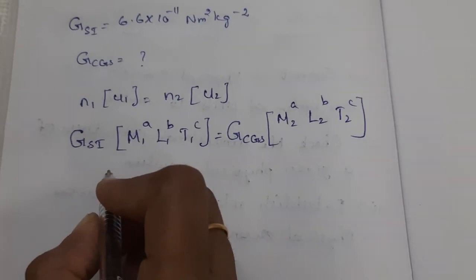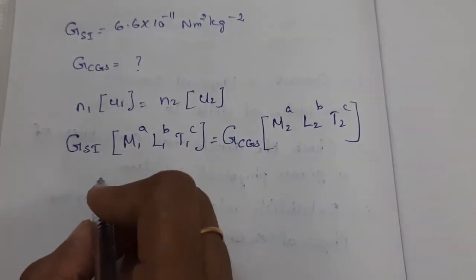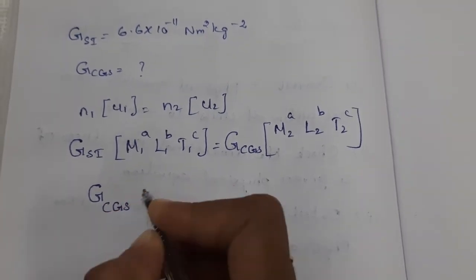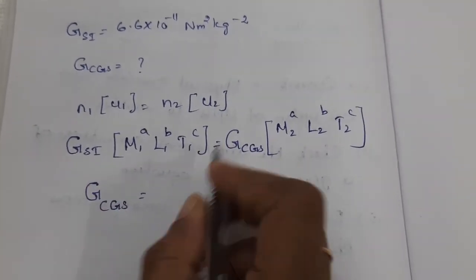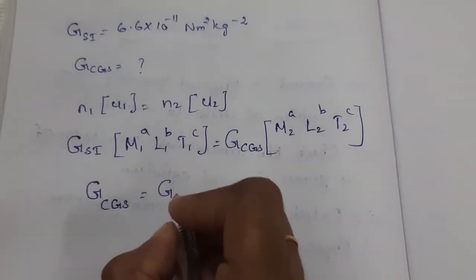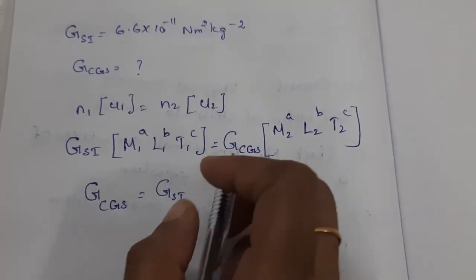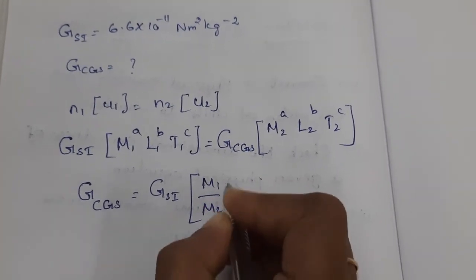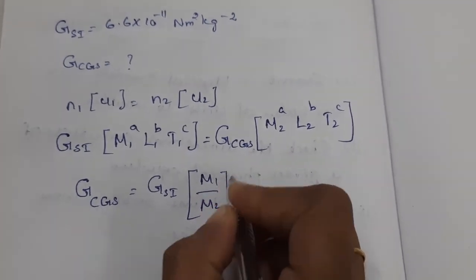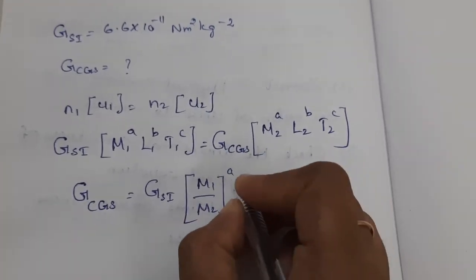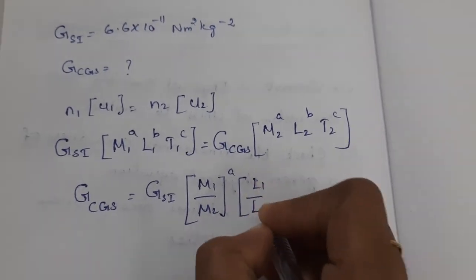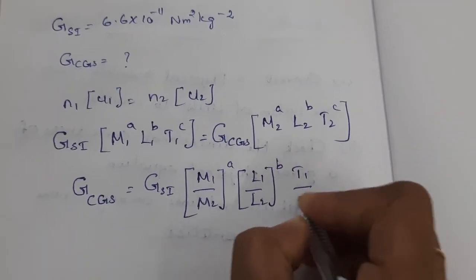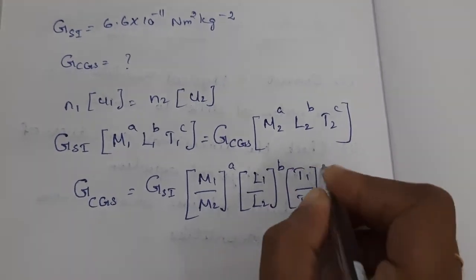We have to find out the value of G_CGS. So we can write G_CGS is equal to G_SI into (M1 by M2) the whole power a, (L1 by L2) the whole power b, (T1 by T2) the whole power c.